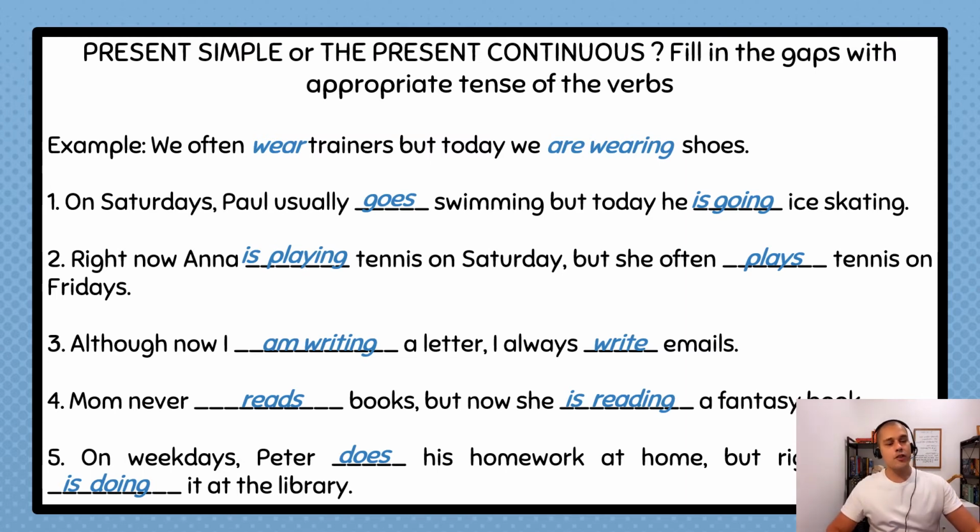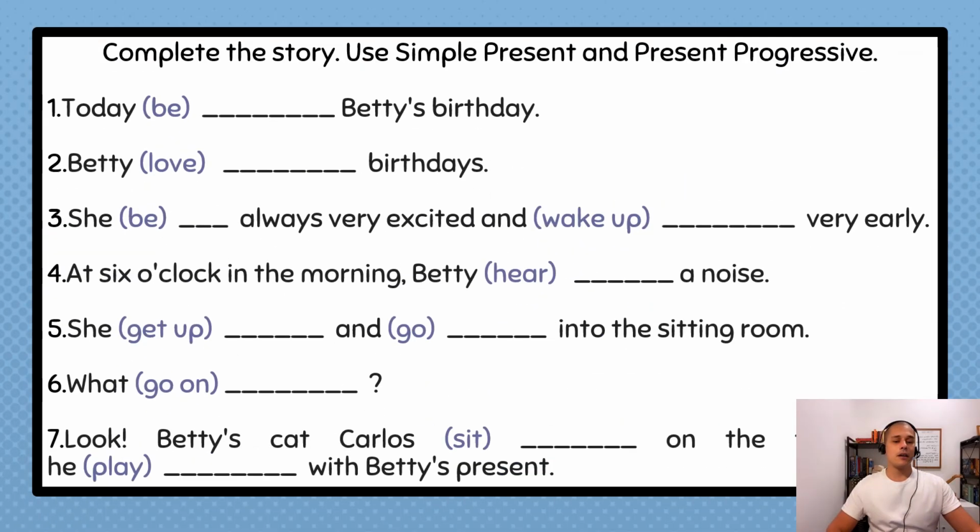All right, so let's see examples here in order to help you. We're going to think about this story. Use the simple present and present progressive. Remember I told you about present continuous or present progressive? The same. Today, blah, blah, blah, Bet's birthday. Although I have today here, I cannot use the present continuous for this, because we never can say hoje está sendo o aniversário de alguém.